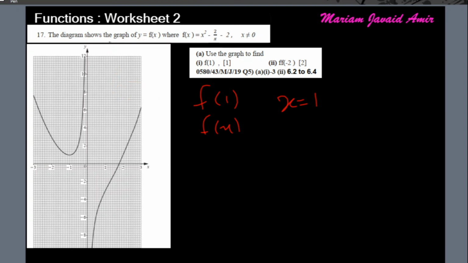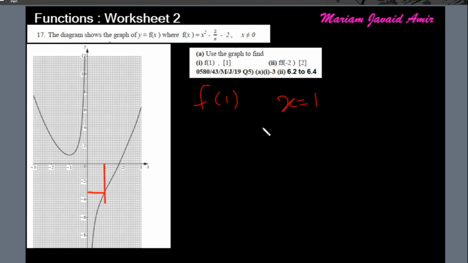When x equals 1, let's read the value of y. I'll draw a straight line at x equals 1 and see where it cuts the graph. It's cutting the graph somewhere over here. Read this value and you should get something around minus 3. So the answer should be around minus 3.